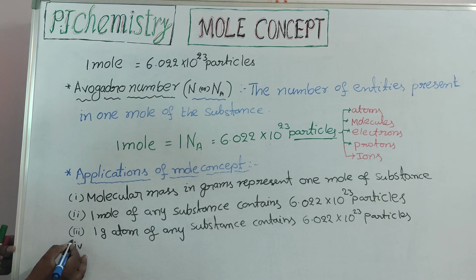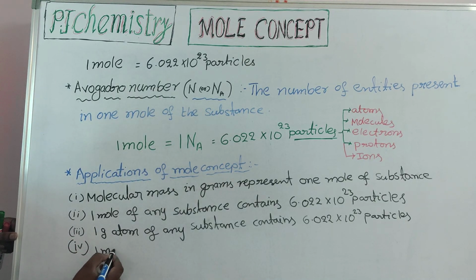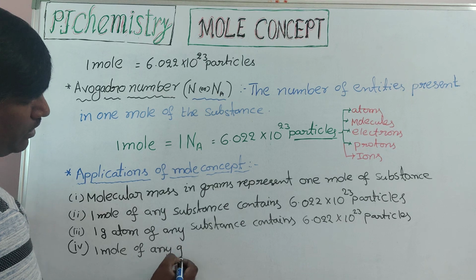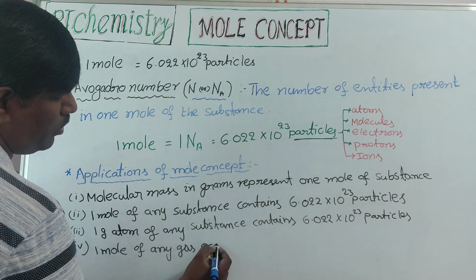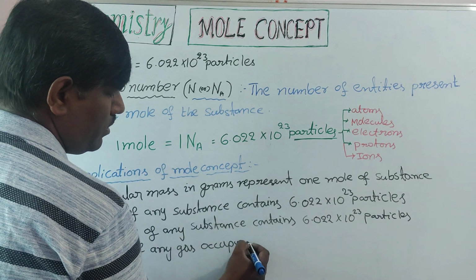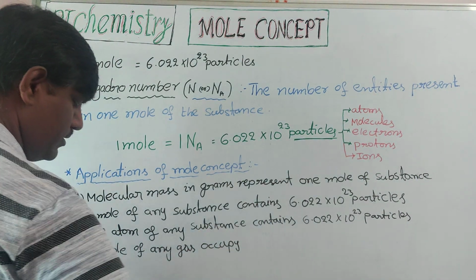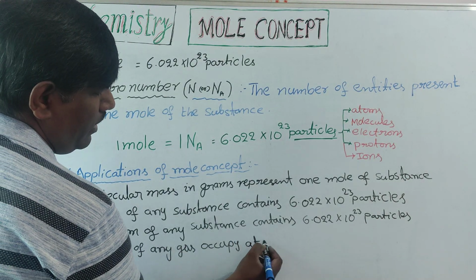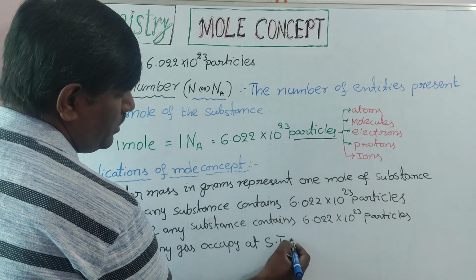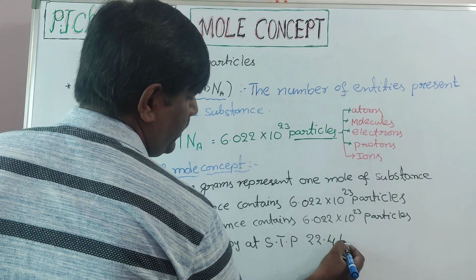Next, if 1 mole of gas occupies volume, how many liters will it occupy? 1 mole of any gas occupies 22.4 liters at STP, standard temperature and pressure conditions.